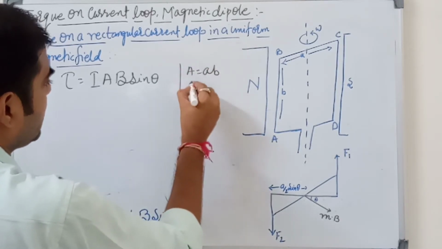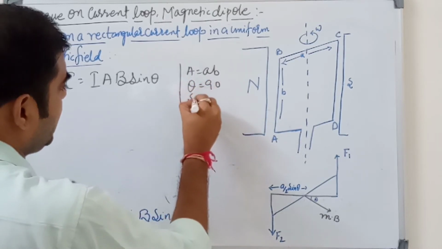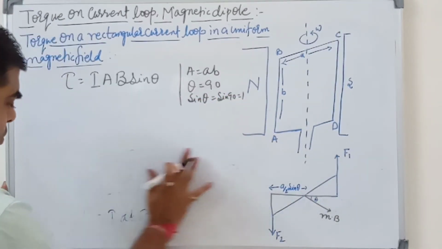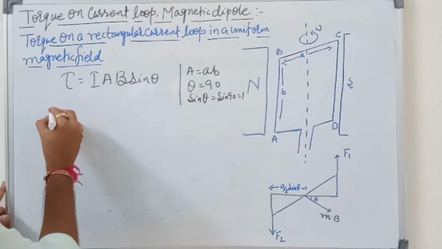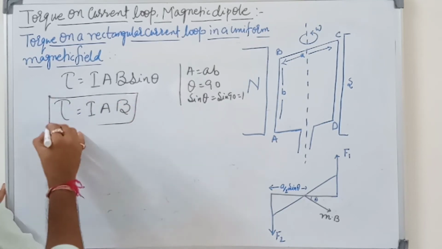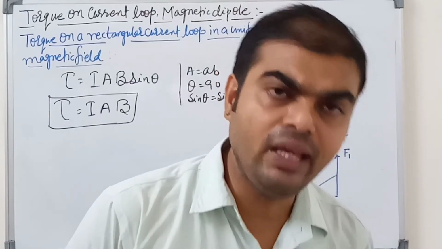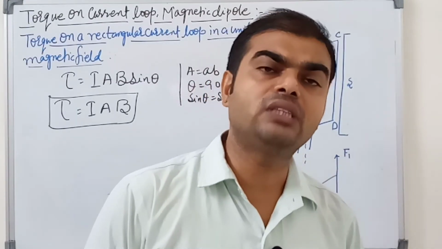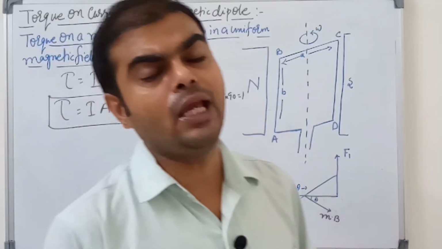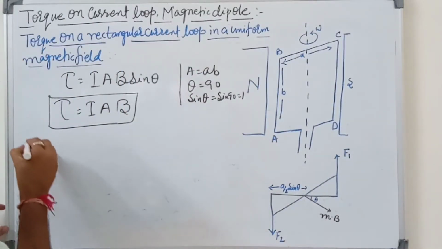Sin theta is equal to 90 degrees, the perpendicular distance. So sin 90 is equal to 1. So the remaining portion, the torque tau, is equal to IAB. It means if the coil does not create any angle, the torque value is IAB, and if it creates an angle, the torque value is still IAB, not changing. Only the distance A by 2 is replaced by A by 2 sin theta.